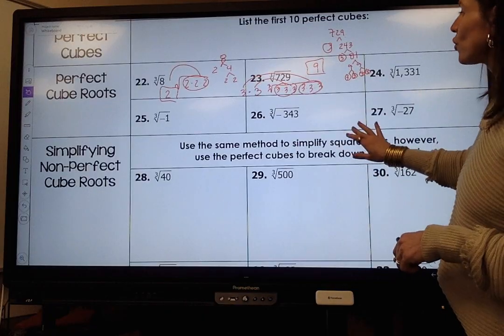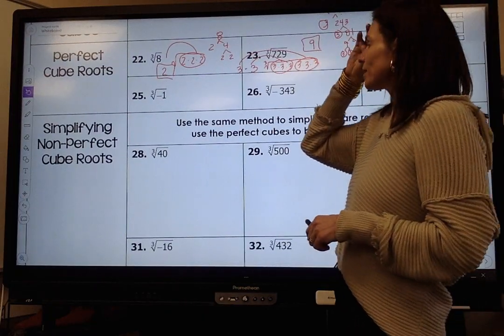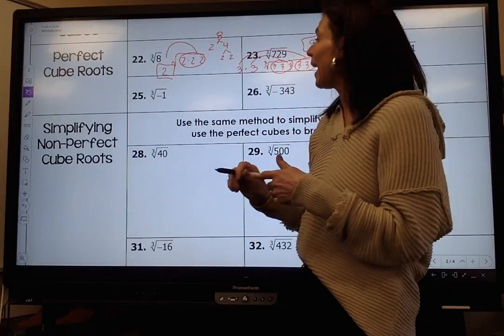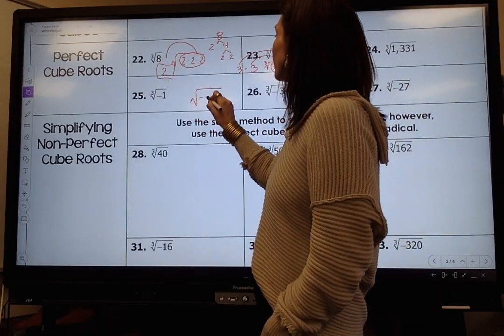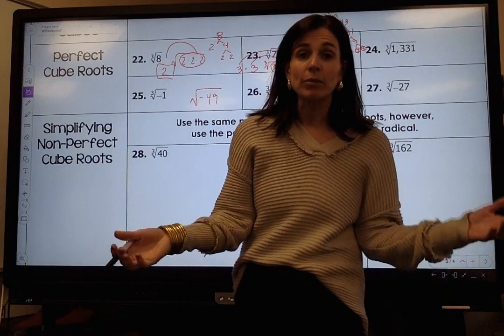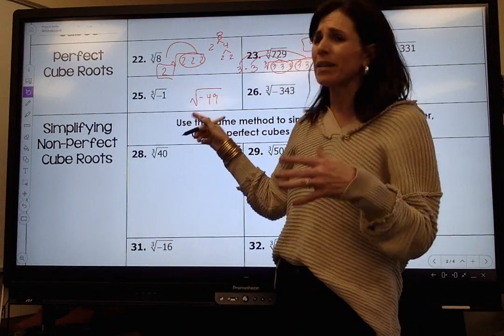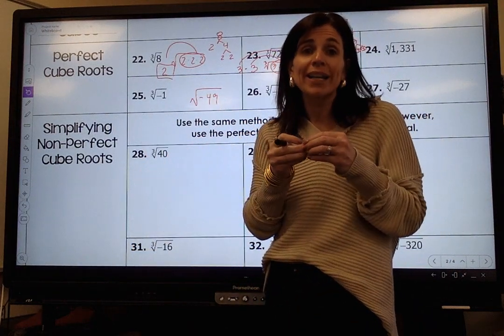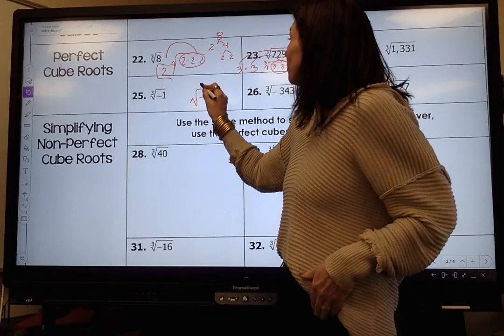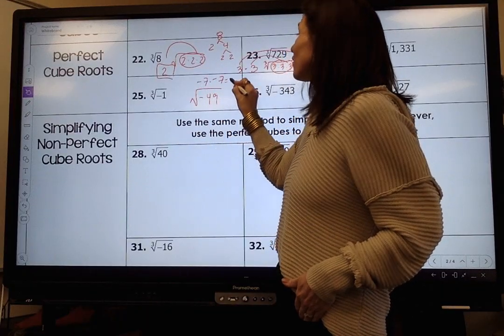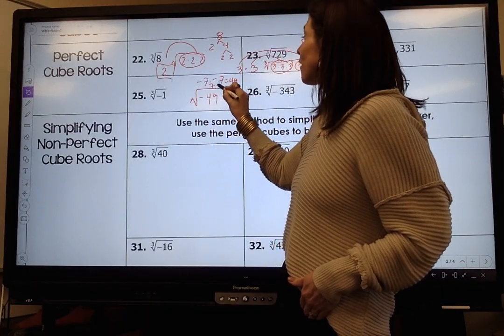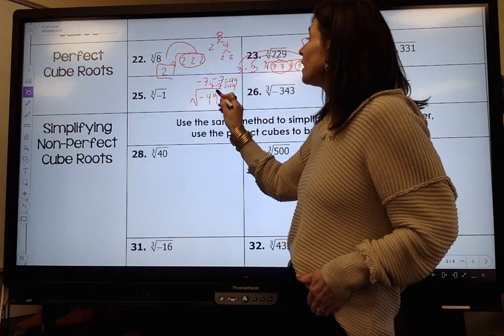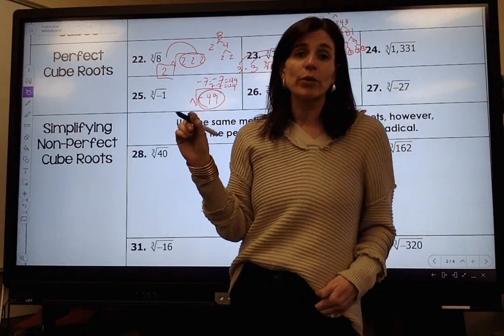Now, one thing I do want to show you here is on 26, you can't have a square root of a negative 49. It's not possible in Algebra 1. It's not possible because there's not two numbers that multiply together to give you a negative 49. Because negative 7 times negative 7 gives you a positive 49, and 7 times 7 gives you a positive 49, there's no way I can get a square root of a negative number.